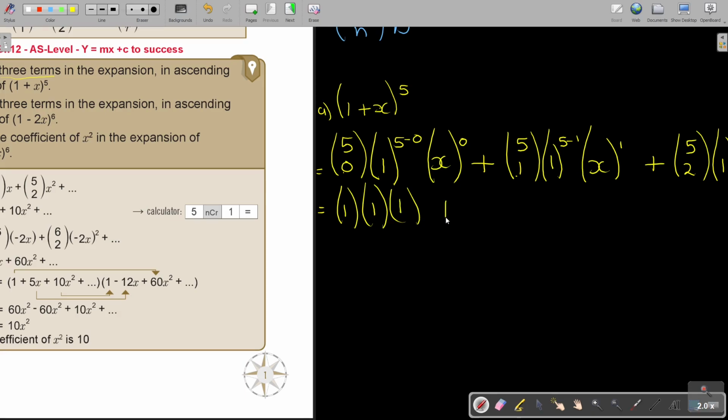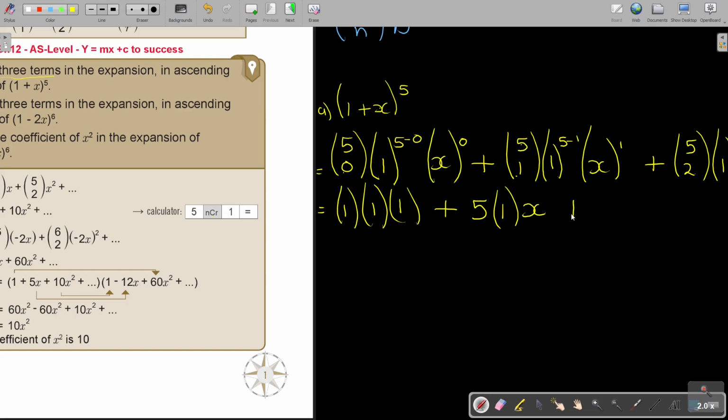I'll show you now my short way. Now press 5, and then you press that nCr, just like I pressed there, and then I press 1. And what do I get now? I get 5. Now 1 to the power anything will always be 1, and then it will just be x.